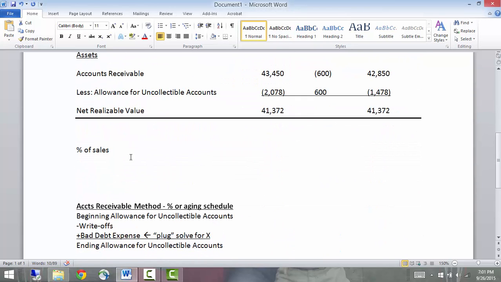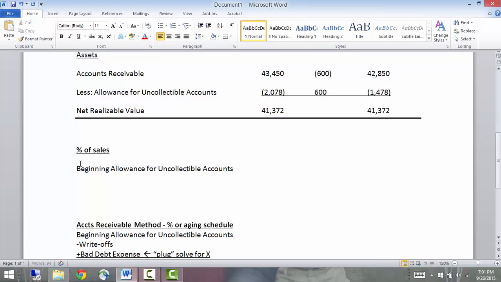Now, let's talk about this percentage of sales method, and then we'll do problems, which will make it easier, I think, for you to see what I'm talking about. You use the same formula: beginning allowance for uncollectible accounts. Sometimes that's also called allowance for doubtful accounts. So if you see allowance for doubtful accounts, it's the same.